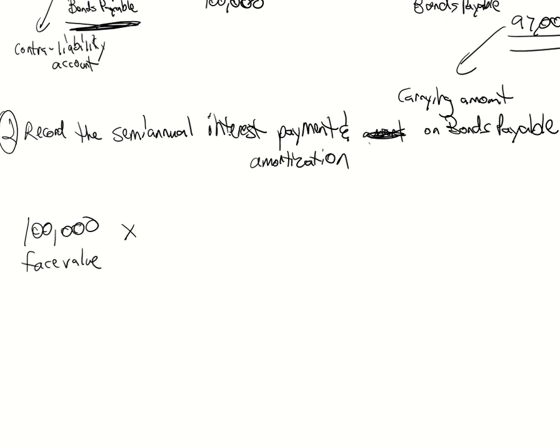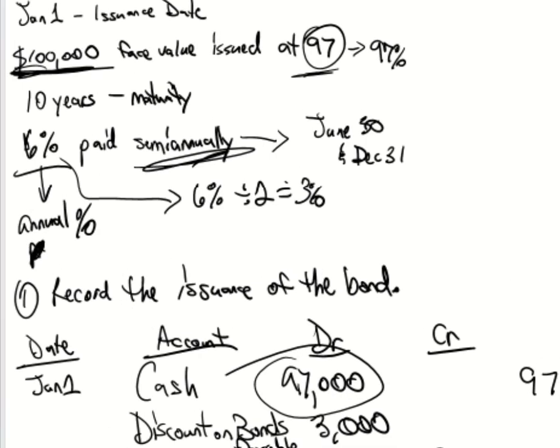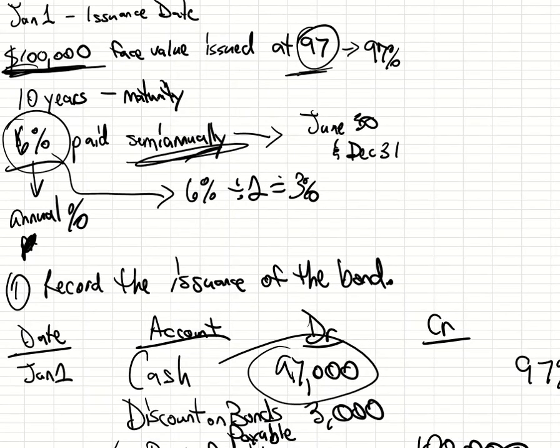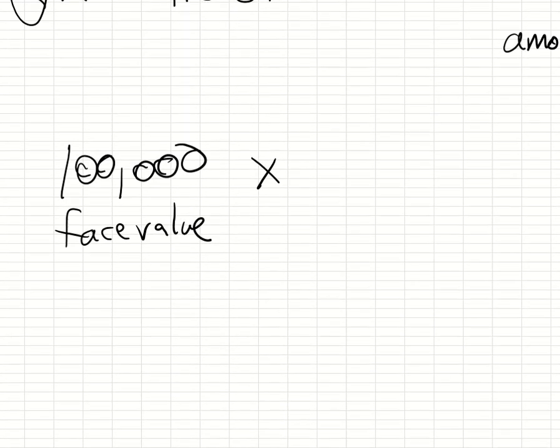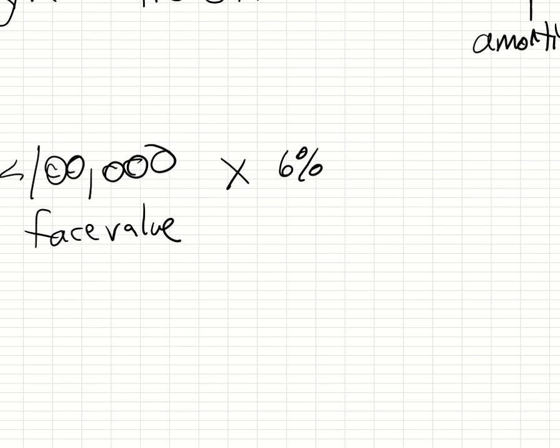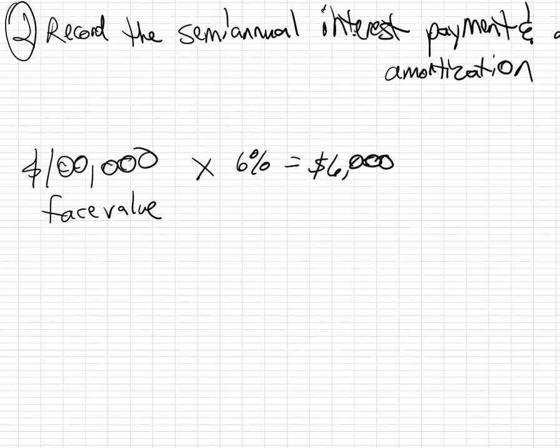We're going to multiply it by the percentage here of 6%. So remember, this 6% here is an annual percentage that's displayed on the bond. So we're going to take 6% of 100,000. That's going to give us $6,000. But since we have to make semi-annual payments, we got to take the 6,000 divided by 2. That's going to give you $3,000.